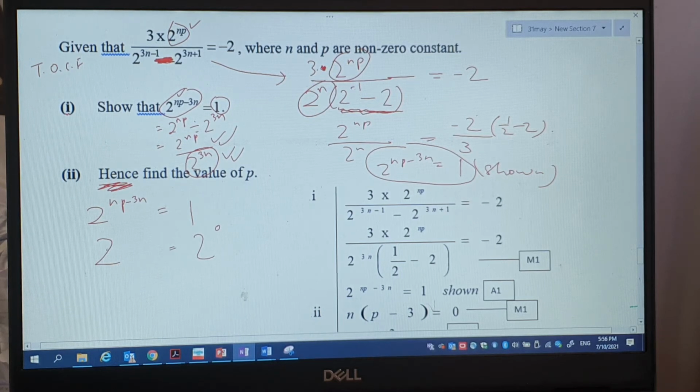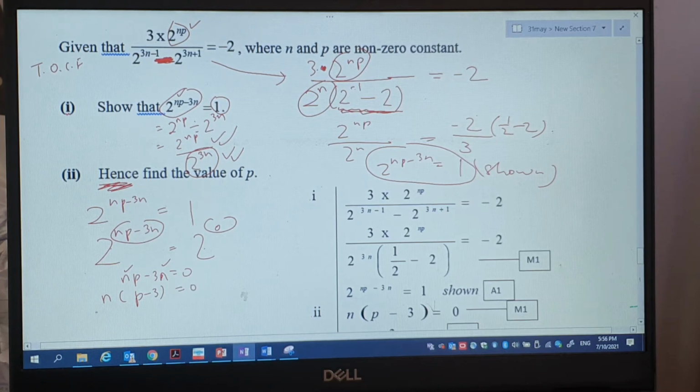So if I want this base, I will just write this base here, then put a power 0, which means that my this power equals to this power. Okay, then I can take out n. So it'll be p minus 3 equals 0.